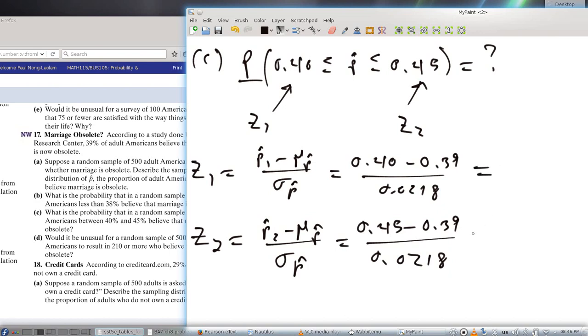Let me bring my calculator here, because using that calculator is just too slow for us. I'm going to calculate that for you right away.